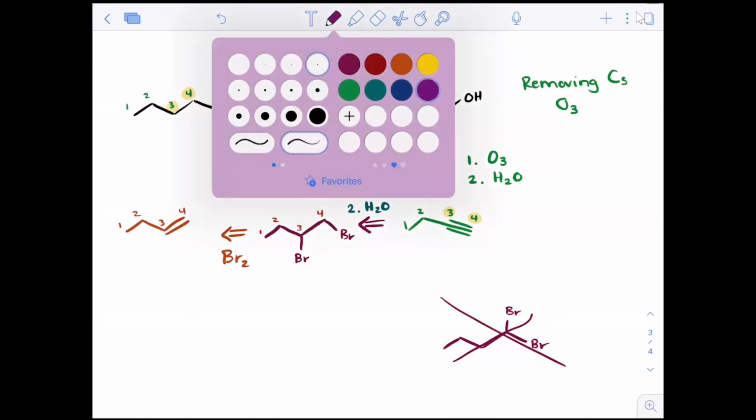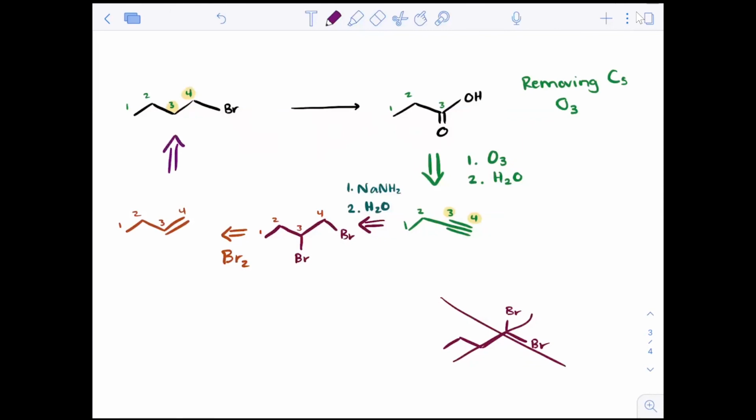And then our last step, how do we make an alkane into an alkene? Is with a base, an E2 mechanism. So a few more steps here. Thinking about overall, we need an E2 reaction to make our alkene. Then we add 2 bromines onto that alkene, so we have 2 leaving groups.